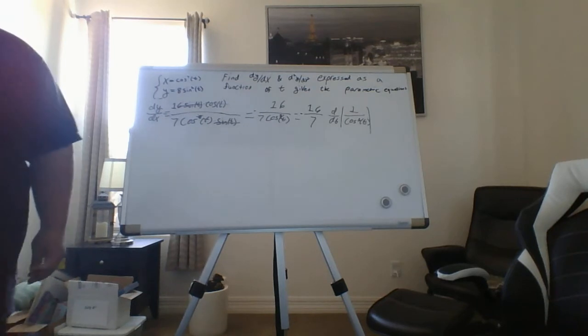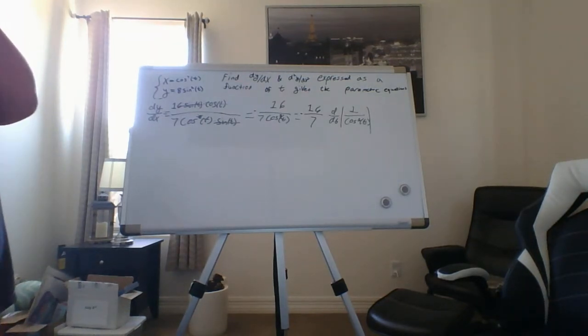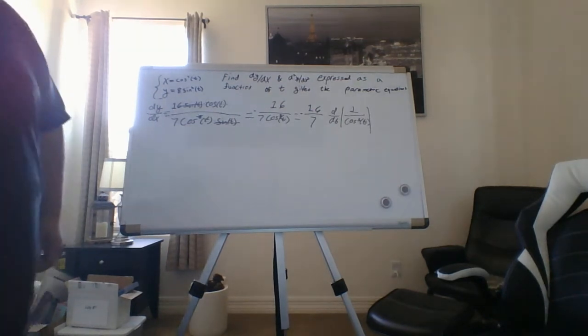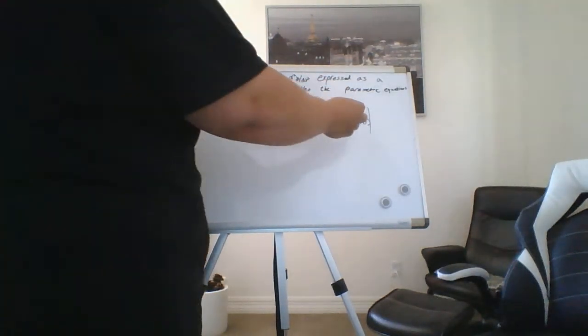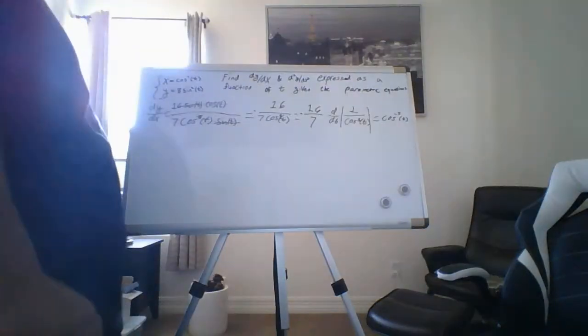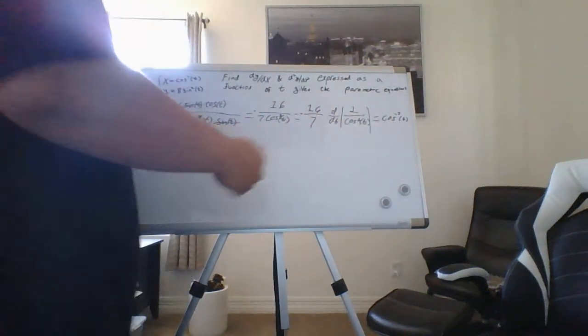So, first thing we do is we see that we can take this function and make it into cosine to the negative 5 power of t. Then we could just take the power rule. Not really much else to do.